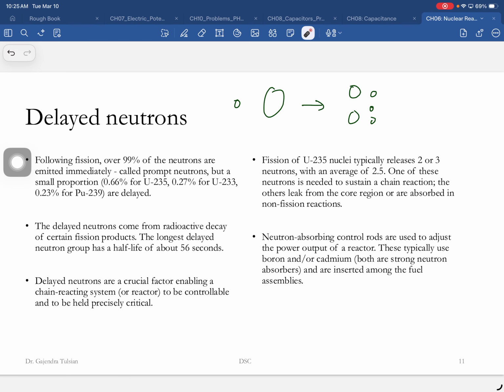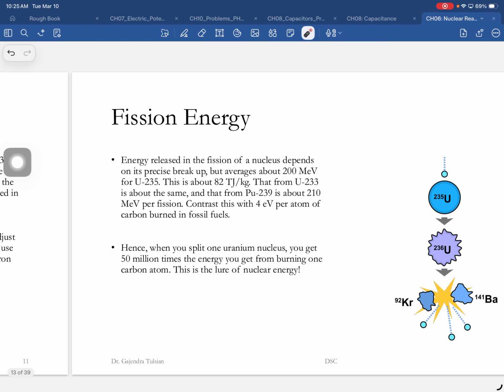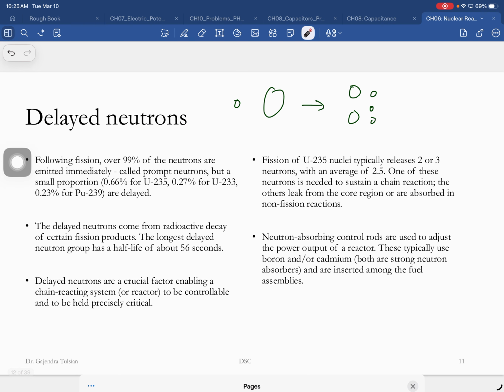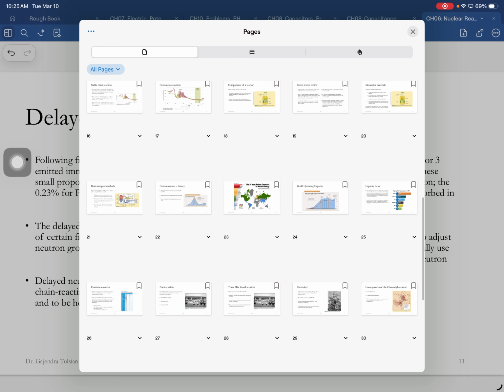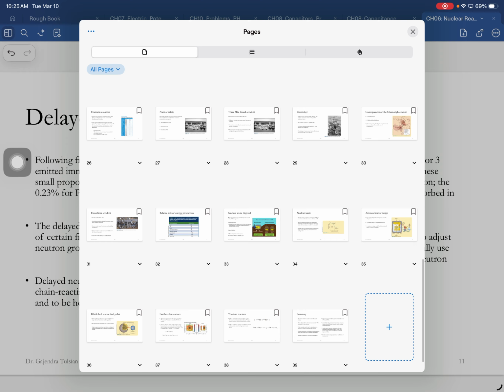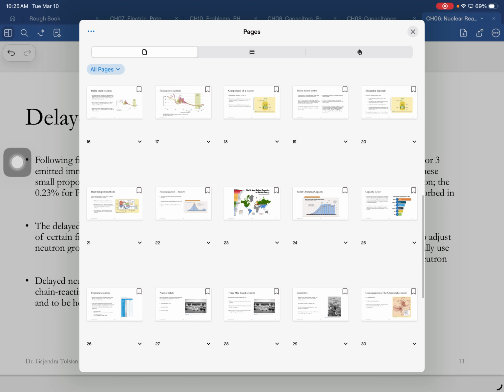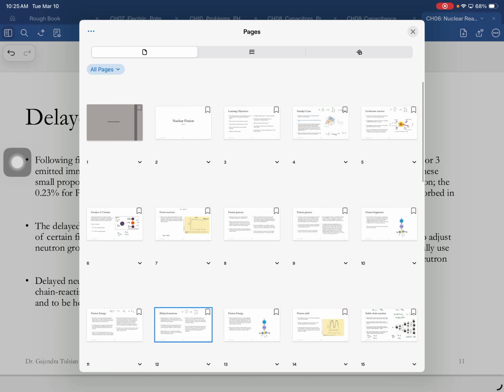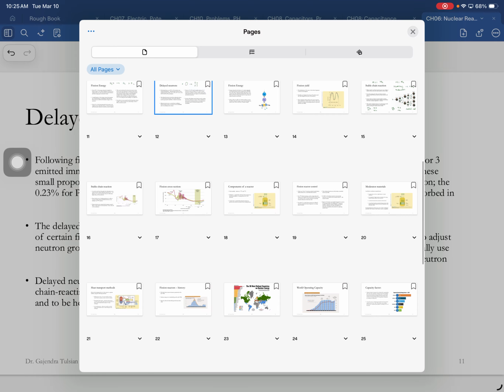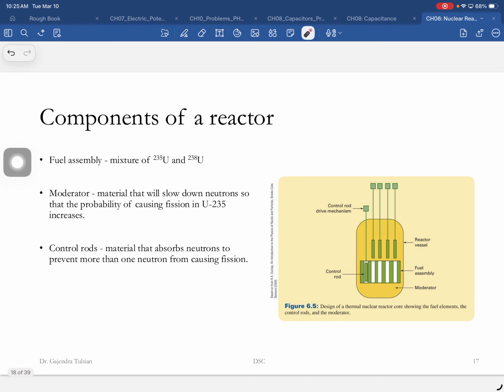When you want to produce maximum power, you lift all control rods.